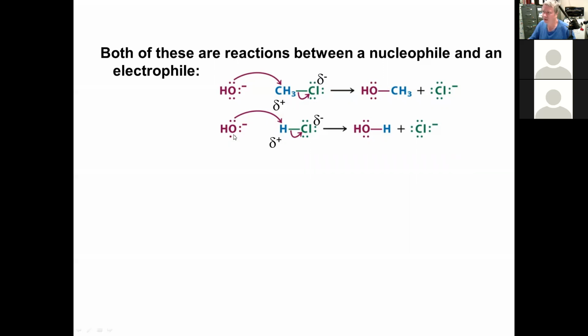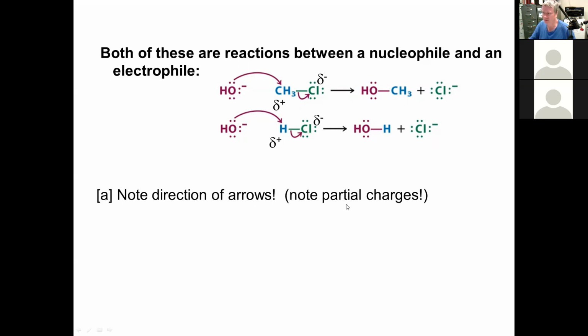Okay, another one: hydroxide, same nucleophile, can attack HCl, which is also delta plus, delta minus, to form water and Cl minus. So these are chemical reactions, right? Note the direction of the arrows, note the partial charges. I usually draw delta minus, delta plus. Certainly when I'm introducing this to you guys, we will do that.